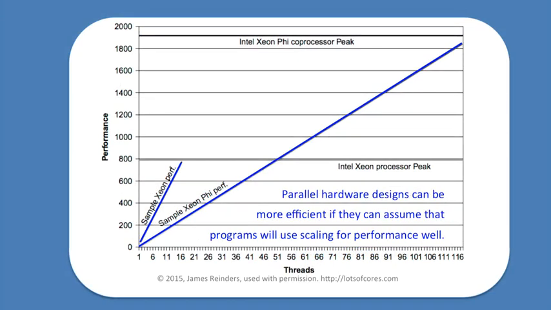Now, one of the projects I work on is the Intel Xeon Phi project. And I could draw the same graph for Intel GPUs or NVIDIA GPUs or AMD GPUs. It's all the same. When you look at a highly parallel device, like a GPU or a Xeon Phi, we're relying on parallel programming.